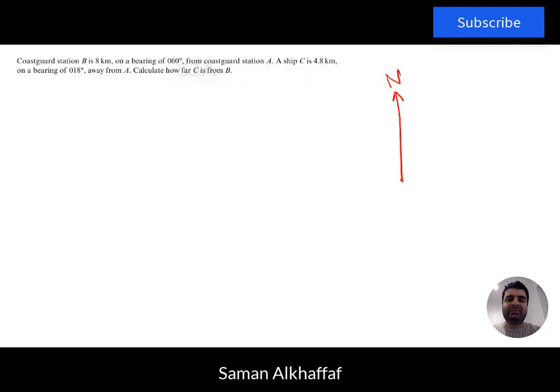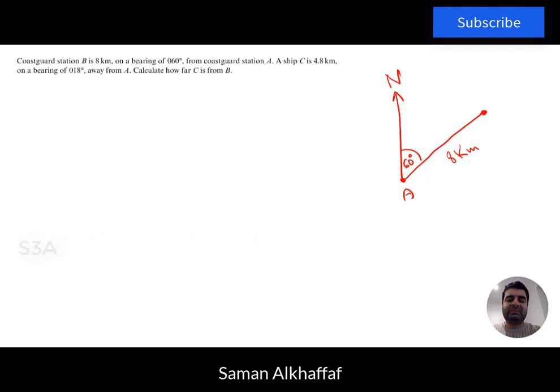So we'll move from this location on 60 degrees, and we know that it's 8 kilometers, so that's from Coast Guard Station A to point B.